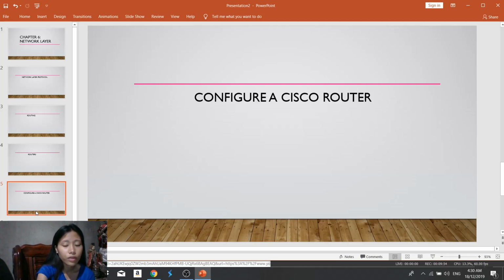You can also configure a Cisco router. The routing table entries can be configured manually on each router to provide static routing, or the routers may communicate route information dynamically between each other using a routing protocol.